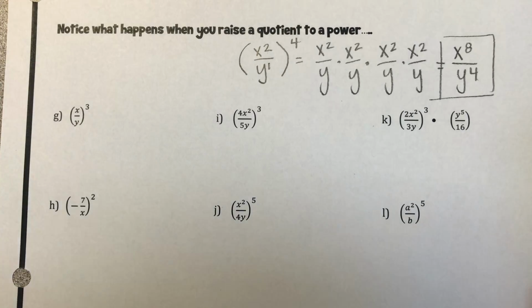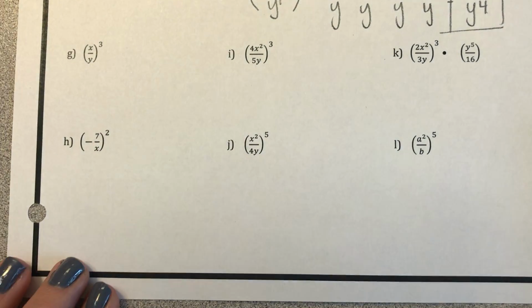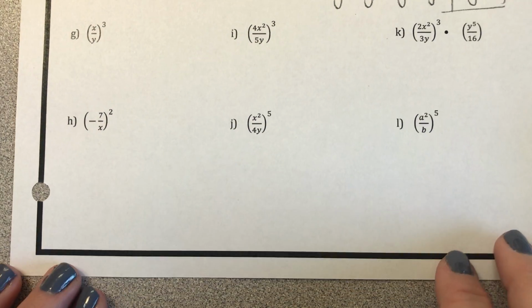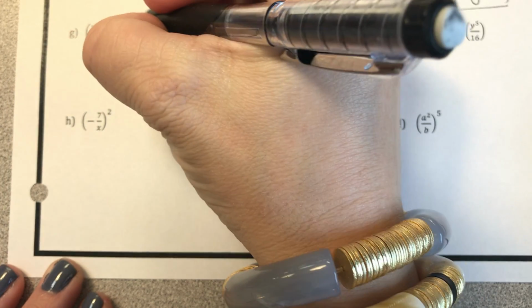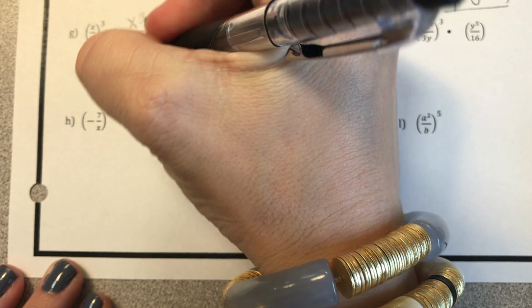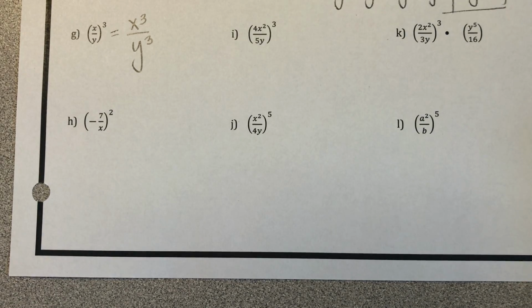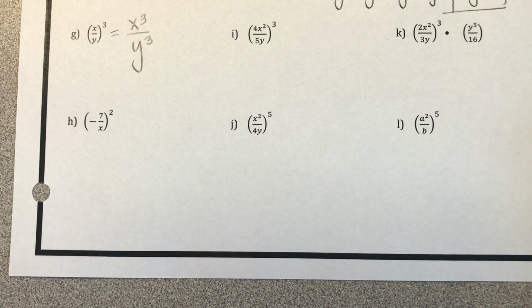So let's look at a few examples. Letter G, I have x over y to the 3rd. That's just going to be x to the 3rd over y to the 3rd. On letter H, I have a negative, and I'm squaring it. When I square a negative, it's going to be a positive, because a negative times a negative is a positive.